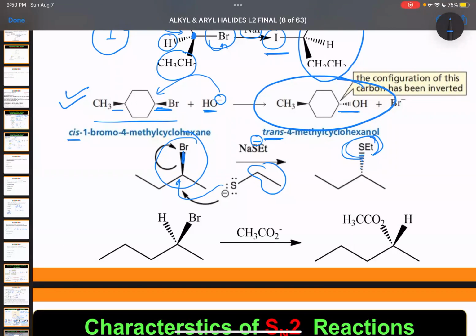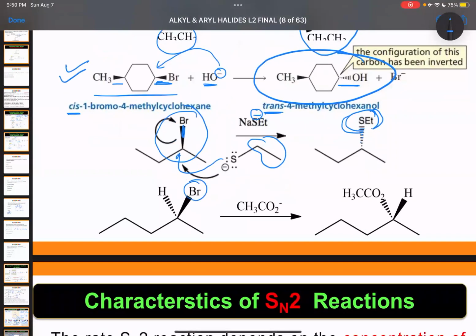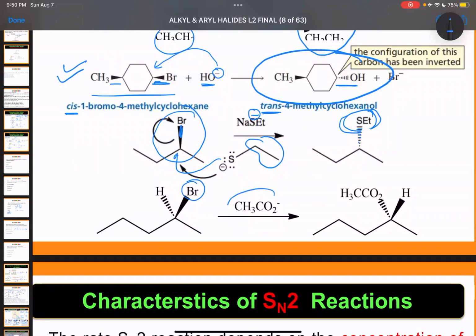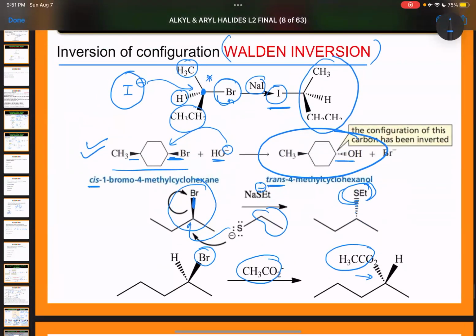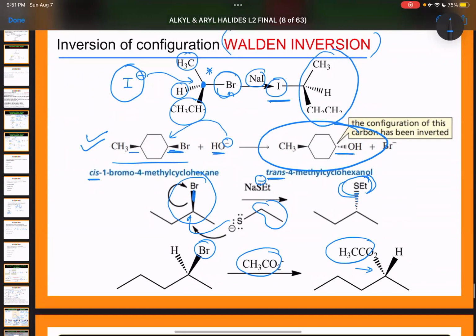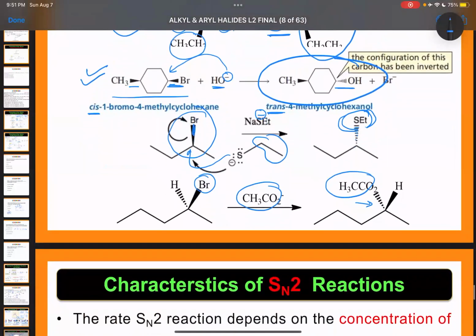Okay, so if Br is pointing upward, you will attach the nucleophile from behind, from the side opposite to the leaving group. I hope you understood how you need to attempt these problems, because these problems are asked in all the examinations. They are very simple, but you need to be very cautious while drawing the structure. That's the only precaution you need to take.